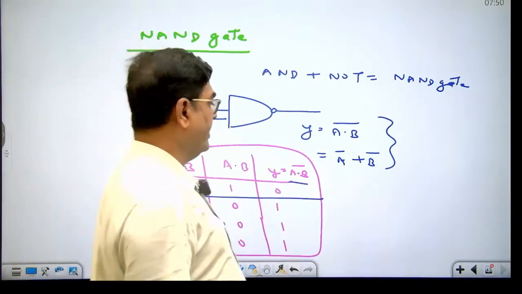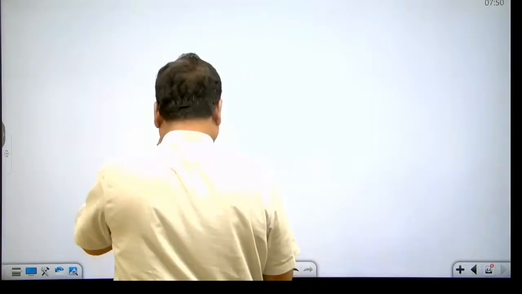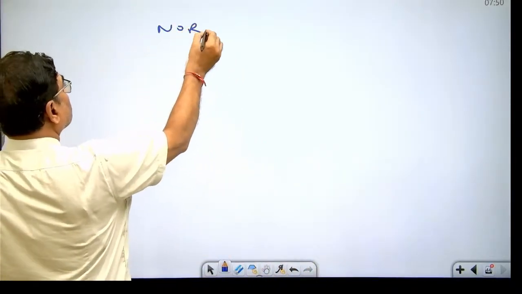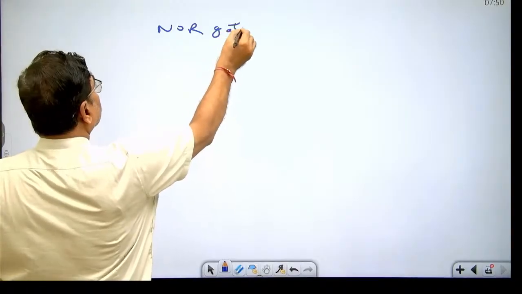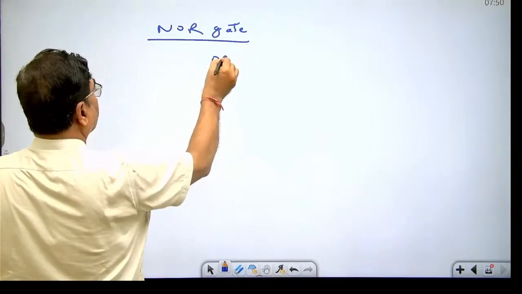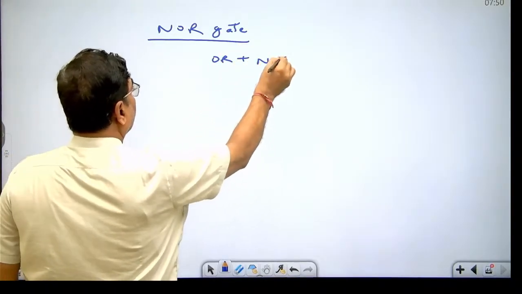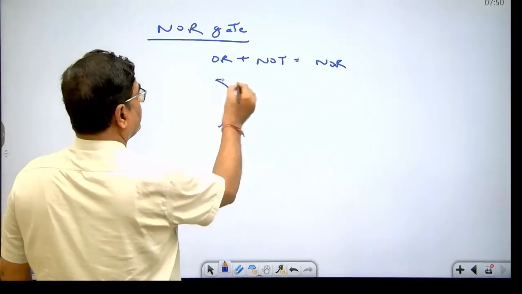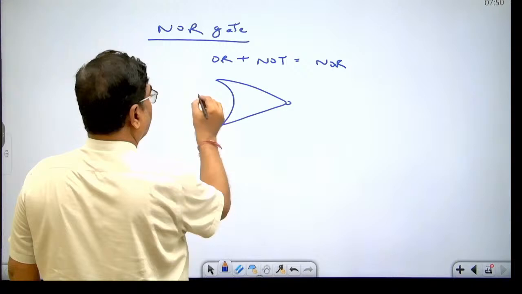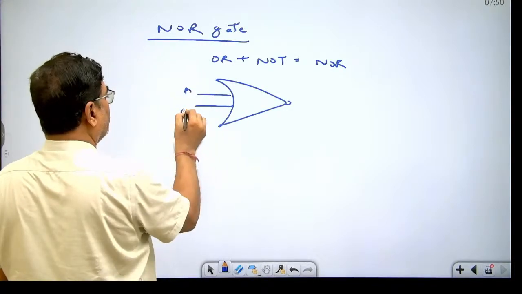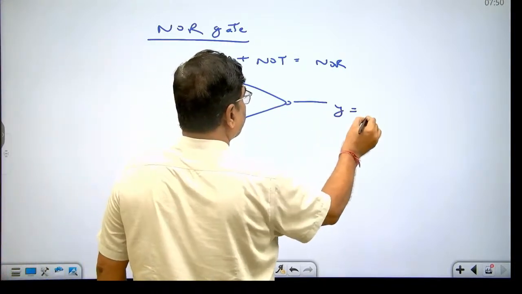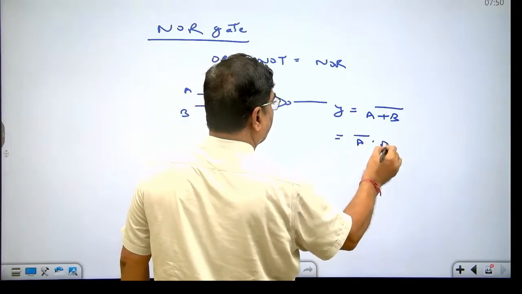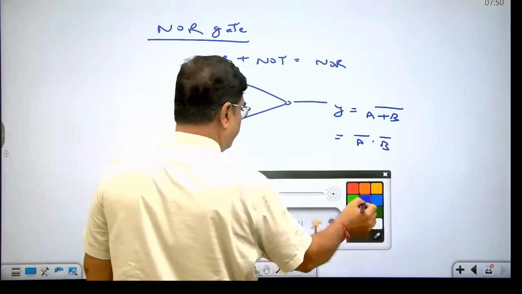Now let's see the NOR gate. NOR gate is OR plus NOT. This is the pictorial diagram. There are two inputs, and this is the Boolean expression (A plus B) bar. You can write this as A bar dot B bar also from De Morgan's theorem.